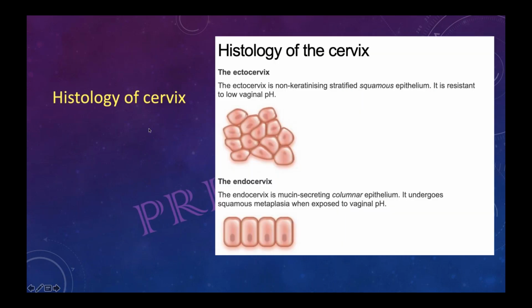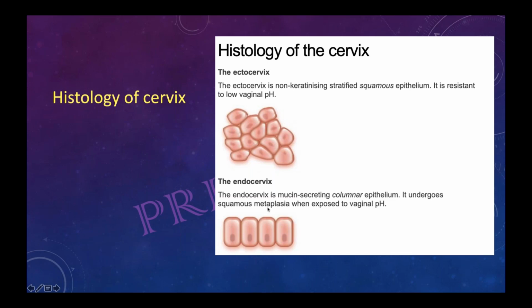So actually, you already know that there is an ectocervix and endocervix. The ectocervix is lined by non-keratinizing stratified squamous epithelium. Okay, so everybody knows this. The endocervix is lined by mucinous secreting columnar epithelium. And whenever there are changes occurring in vaginal pH, it will go into squamous metaplasia.